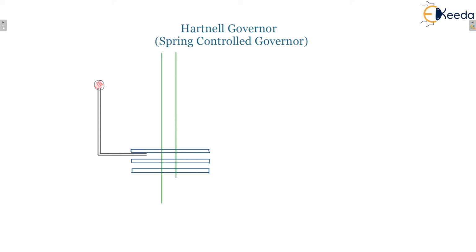And the one most important thing about the spring controlled governor is that there is a spring. We all know that there must be a spring, but the spring must be in compression. That means it should always be in compression. Where is the spring? You can see here the spring is like that.